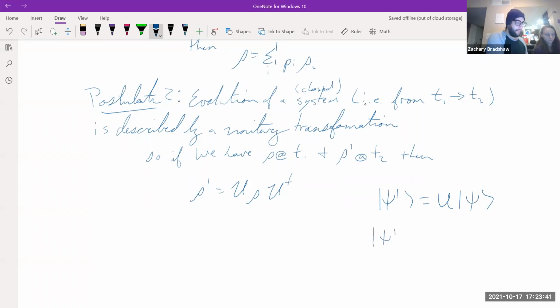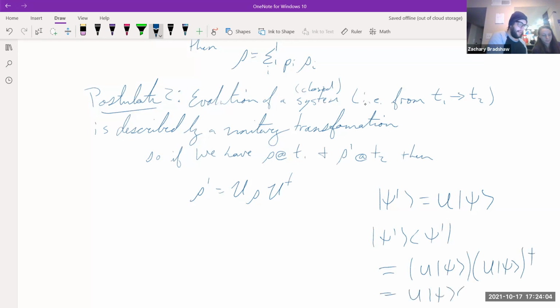Well, we get psi prime, that's my density operator for psi prime, is equal to U psi times U psi dagger, which is equal to U psi U dagger. So we get the U dagger here from going from the pure state to the density matrix.